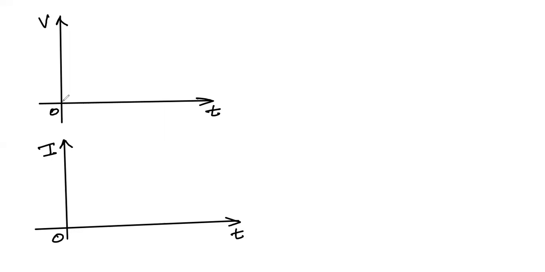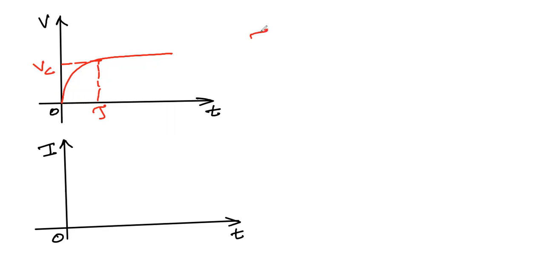Charging is always exponential. You can see that after one point, it is going to be constant, and this is at tau. The voltage is going to be Vc, the voltage of the capacitor.